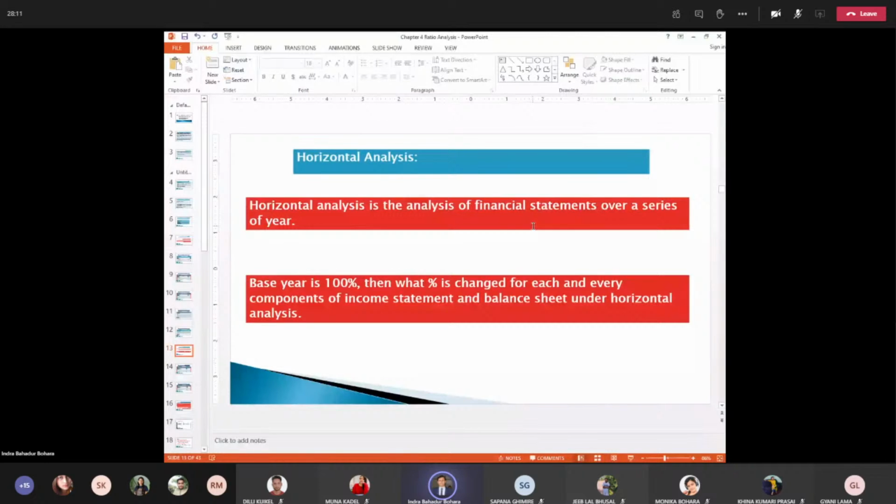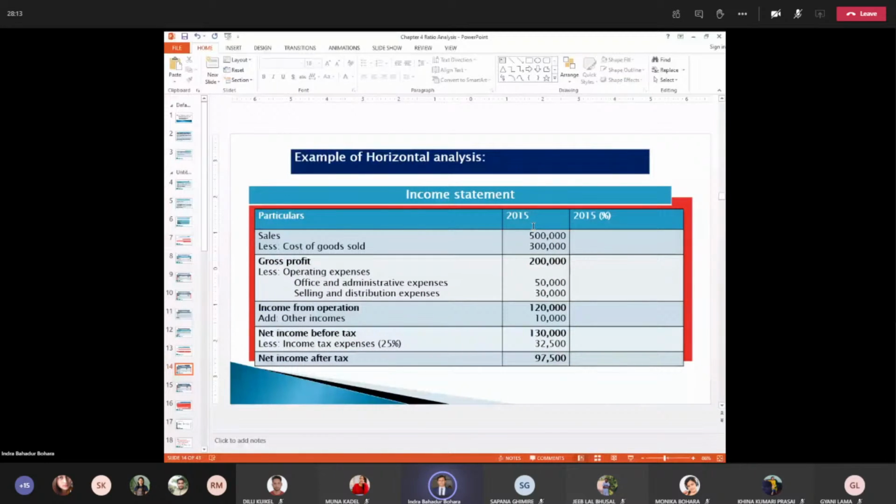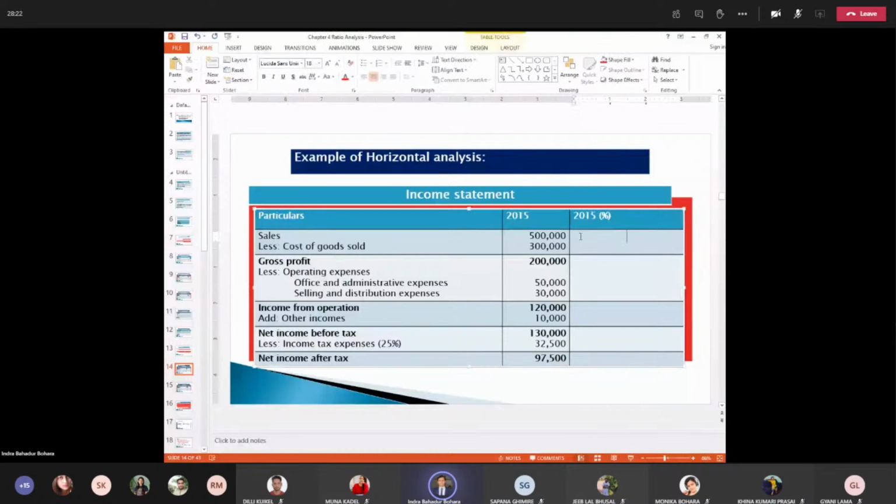Suppose sales is given for 2015, 16, 17, 18, 19. Then sales of 2015 is assumed as 100%. Cost of goods sold of the current year 2015 is assumed as 100%, and gross profit is also 100%.